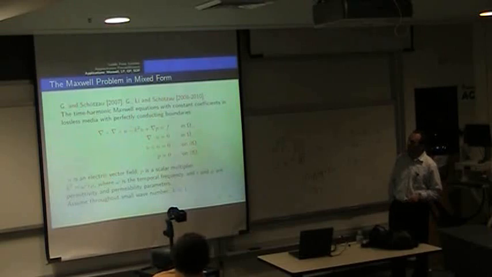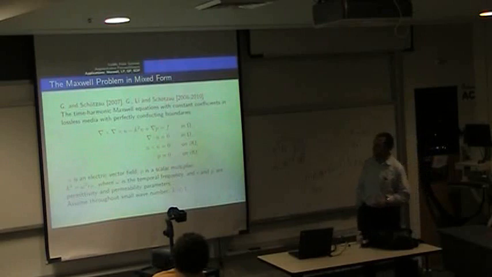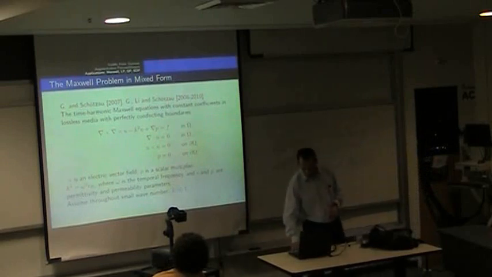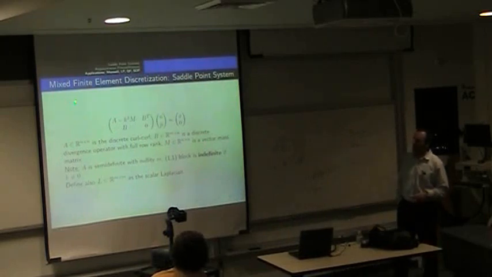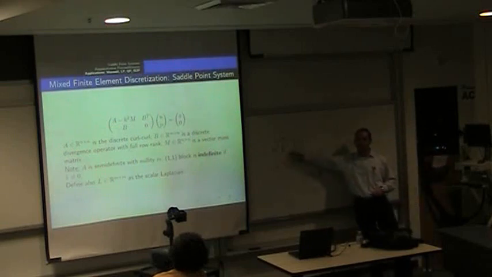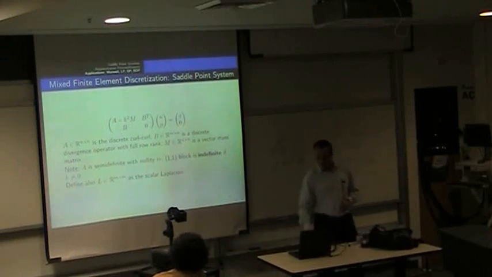Okay, this is the B matrix. Looks very much like what we showed before for fluid flow, okay? And there's a bunch of things here. And if you discretize this, this is what you get. A is that curl-curl operator, okay? And B is that div operator, okay? So this looks exactly the same as here, except this minus k squared m that is there. And guess what we will do? We will assume that k is equal to 0, because we're not smart enough to deal with that. Okay, so A, B transpose, B, 0.